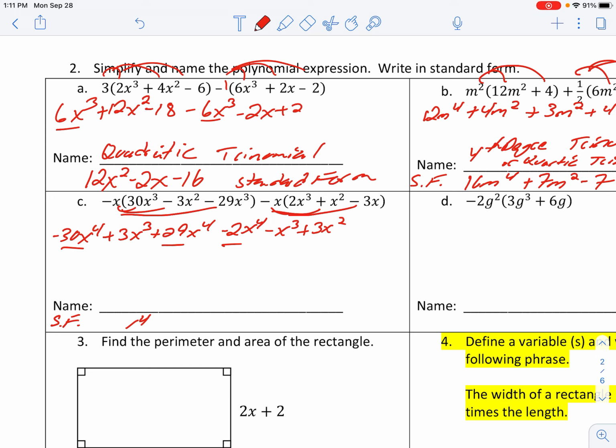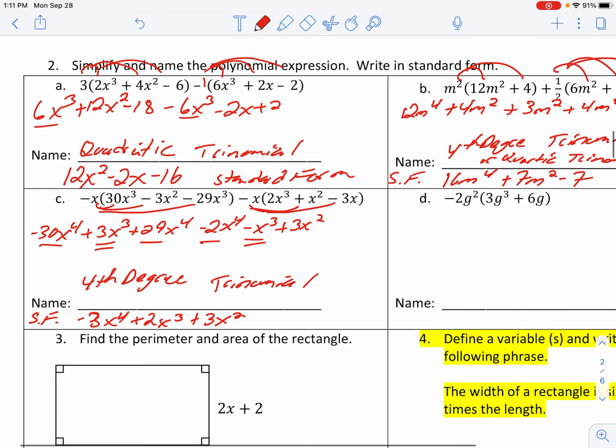So negative 30 plus 29 is negative 1. And then negative 1 minus 2 is negative 3. Okay, x cubed is 3 minus 1. And then I have an x squared at the end. And that's the best I can do. So this is another fourth degree, or sometimes called quartic. And 3 terms, which is called a trinomial.